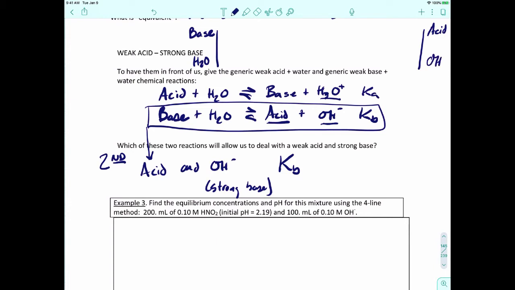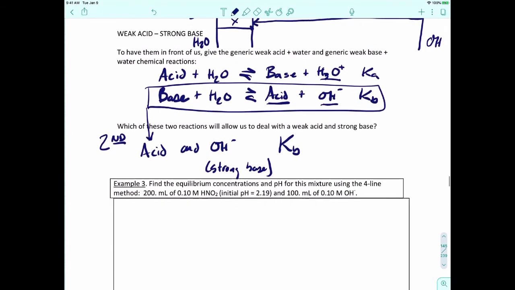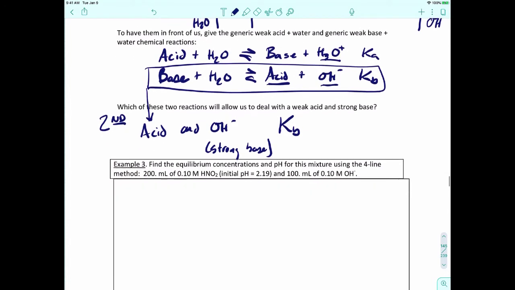Okay. And so we're going to start from the right hand side and try to find where that equilibrium lies. And so that way, when we get to that point, then all we have to do is solve for x. What is that distance to go from the left hand side to where you've used up all of your materials? Okay, so that's how we're going to handle this.